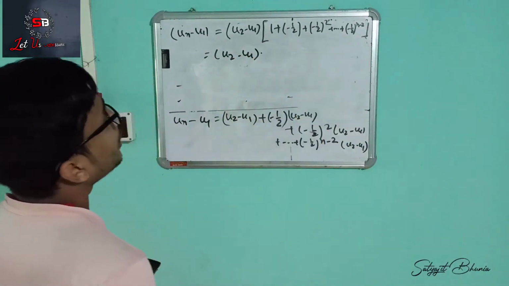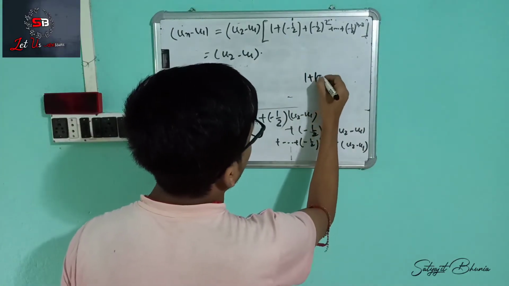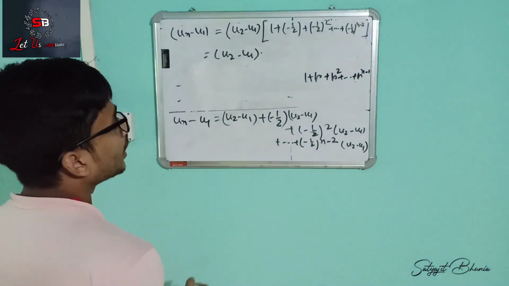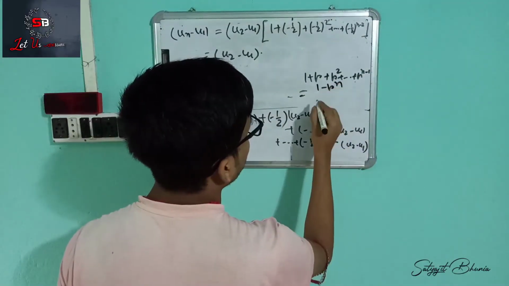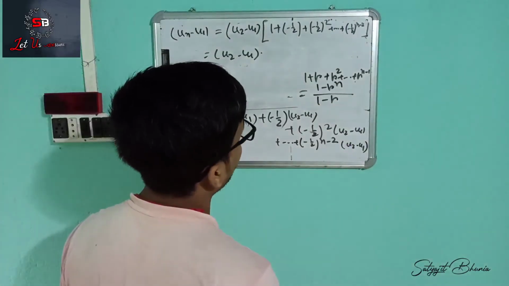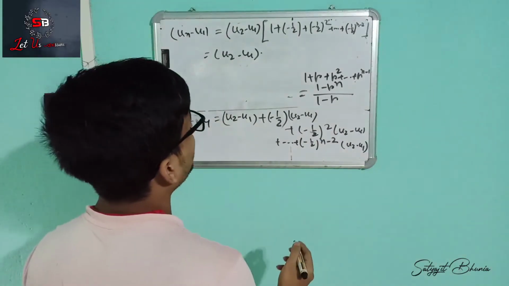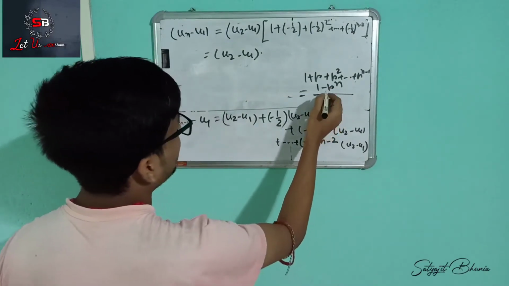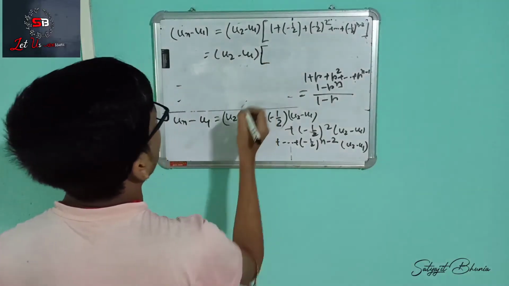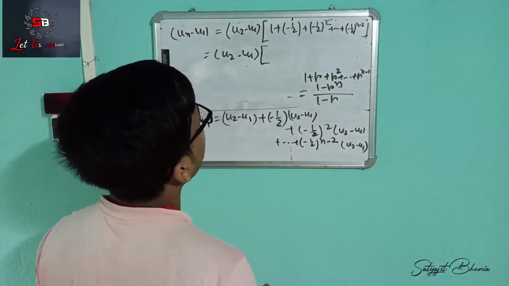Since this is a geometric progression, the sum of this geometric progression is (1 minus r to the power n) by (1 minus r), where r is the common ratio and n is the number of terms. Here r is minus half and the number of terms is n minus 1.